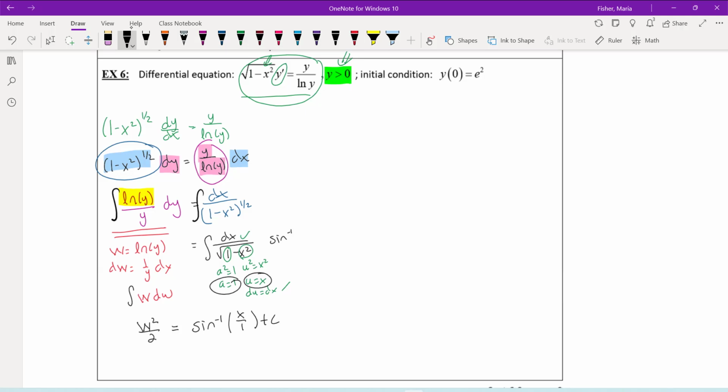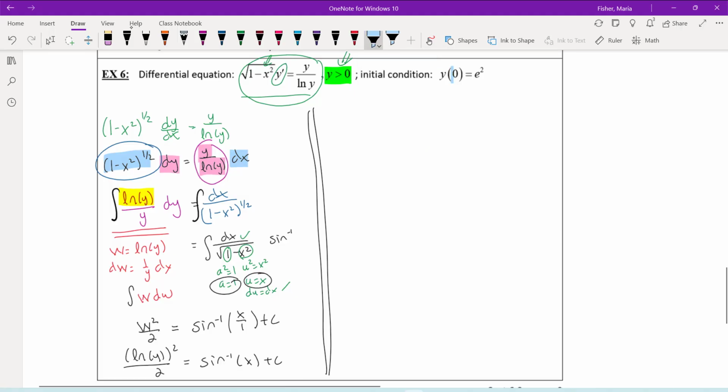Getting out of w's and going back into y's, we end up with the natural log of y squared all over 2 is equal to the inverse sine of x plus c. Plugging in that initial condition, we're told that when x is equal to 0, y is equal to e squared.